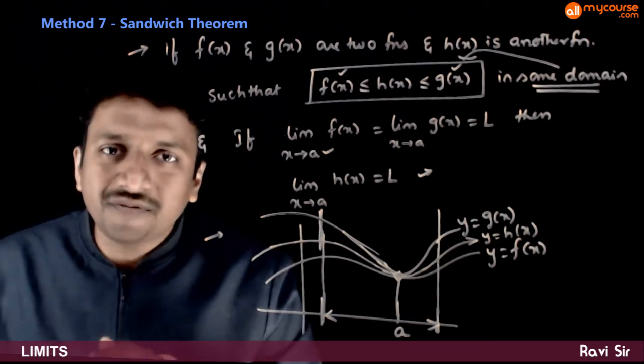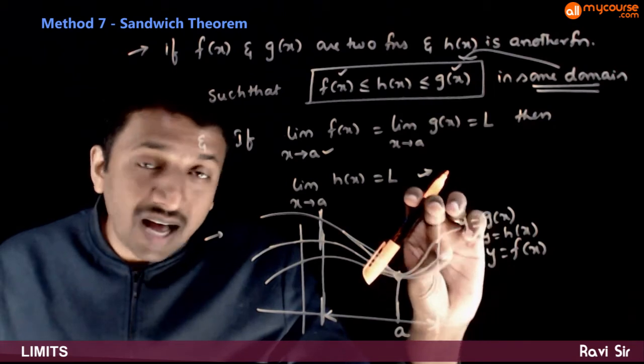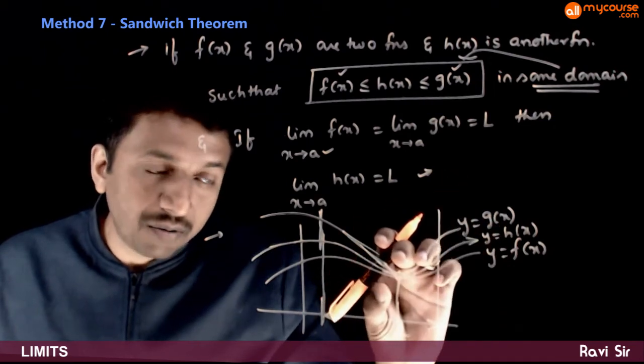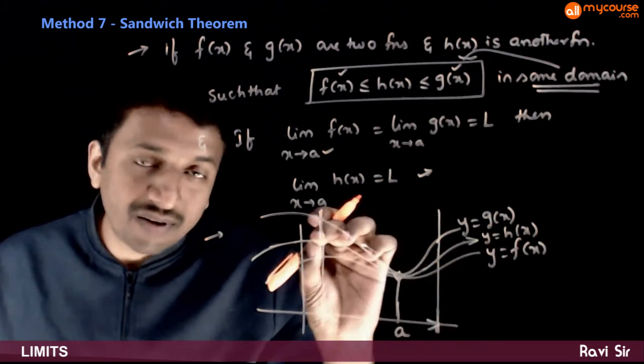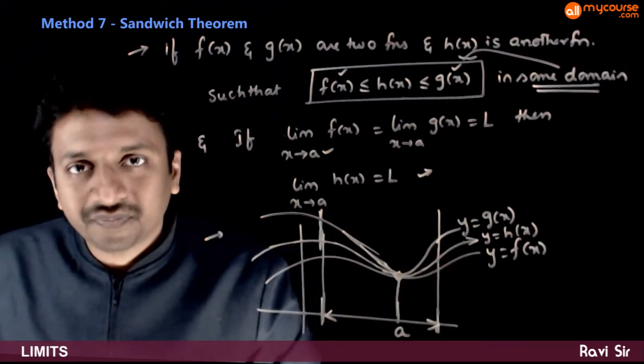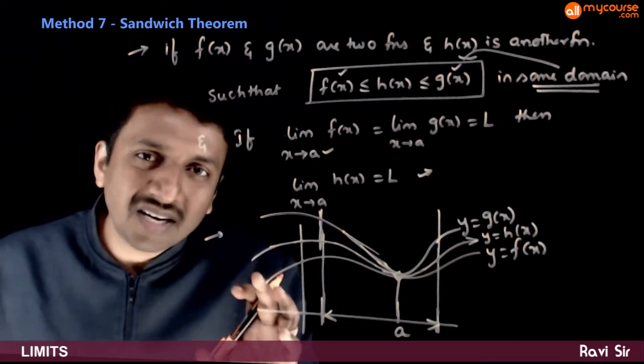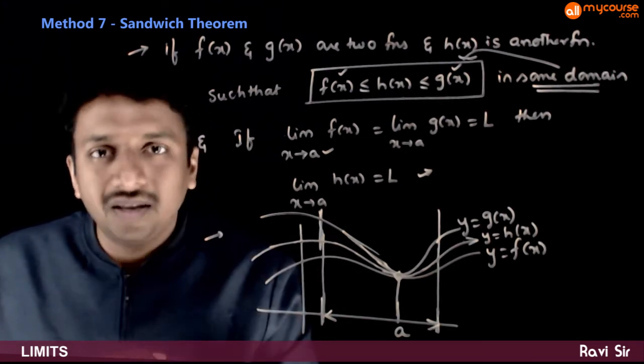So this is a very straightforward theorem, because the upper bound as well as the lower bound are going to the same value. So the function which lies in between them should also go to the same value. So this sandwich theorem will be helpful in finding certain special kinds of limits.